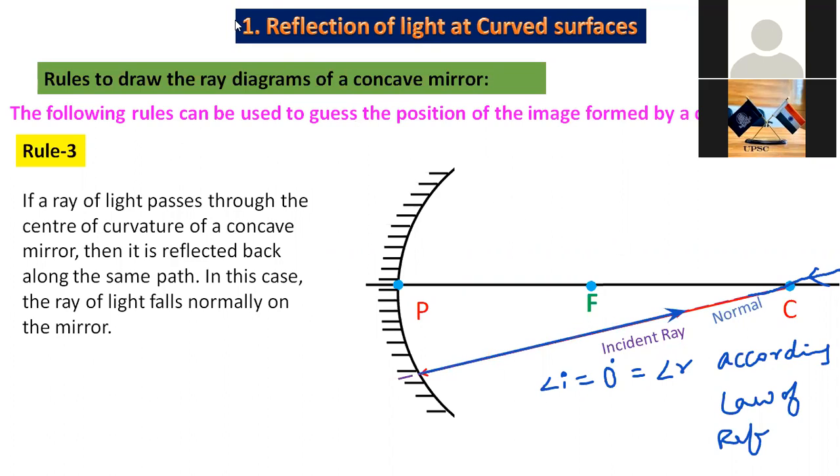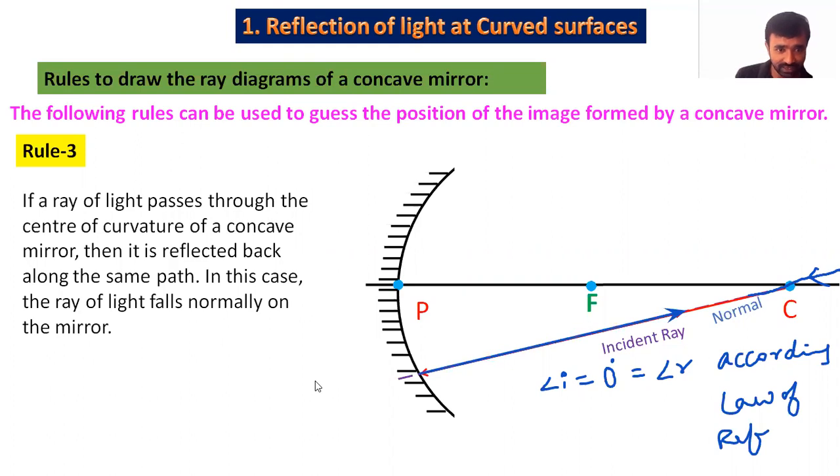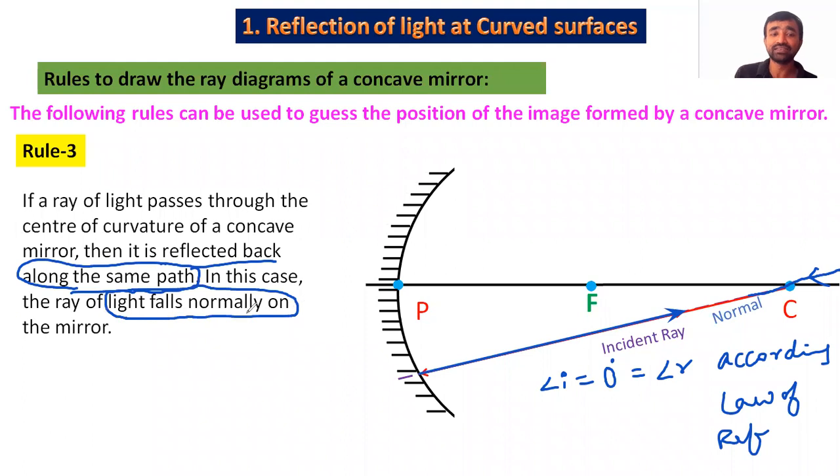So this is the generalization. Look here, the generalization written here. If a ray of light passes through the center of curvature of a concave mirror, then it is reflected back along the same path. Is it verified or not? Answer me. Unmute and answer me. Yes, sir. Right. So in this case, the ray of light falls normally on the mirror. The light ray passing through the center of curvature or along the normal, we can say is incident normally on the surface.